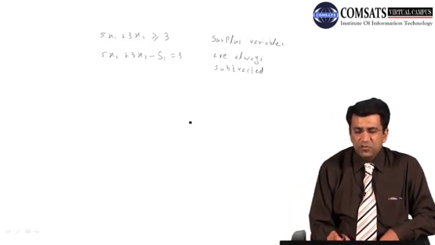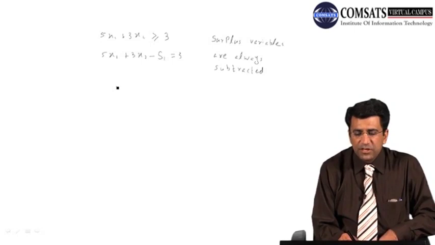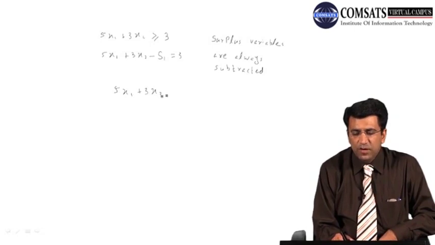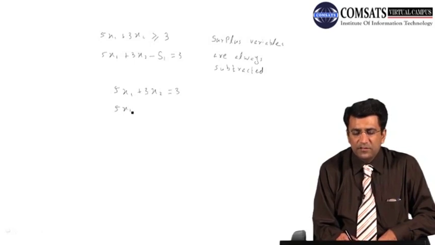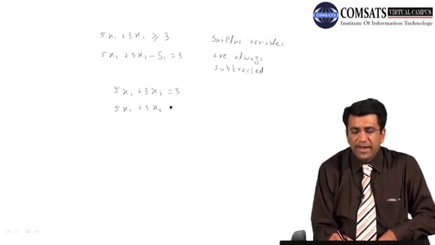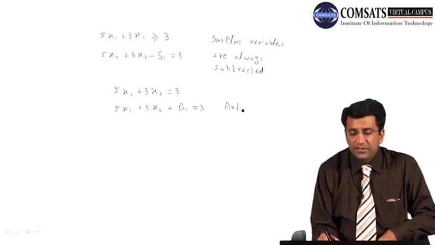There is another variable sometimes used, known as the artificial variable, and generally we use it if the equation is already in equation form, that is equal to 3. In this case, for 5x1 plus 3x2, the artificial variable is sometimes represented by a1, and artificial variables are always added.